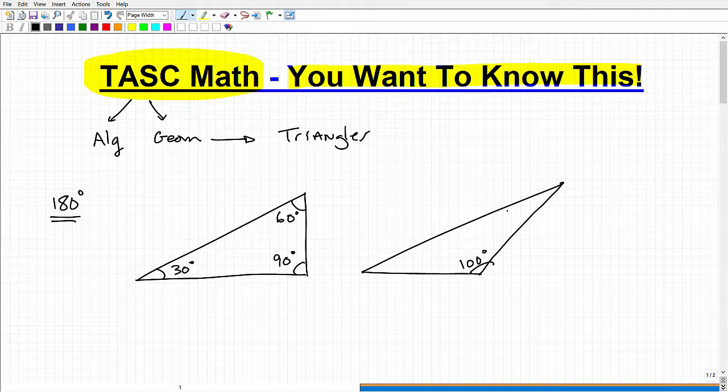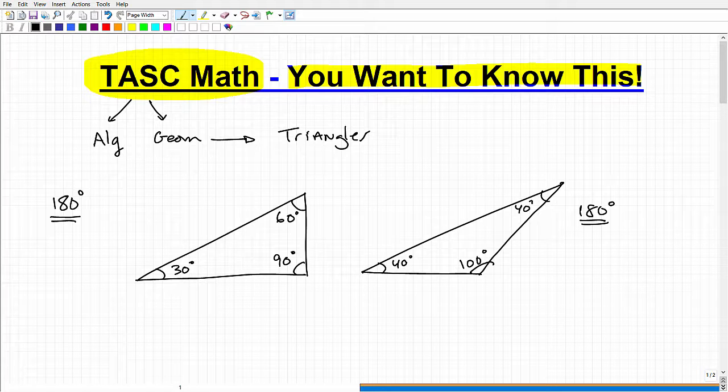Well, they have to add up to 80 degrees, because the sum has got to be 180. So maybe this could be 40 degrees, and this over here could also be 40 degrees, because 40 and 40 is 80, plus this 100 gives us 180 degrees. So definitely need to know that. The sum of the angles of any triangle always add up to 180 degrees.